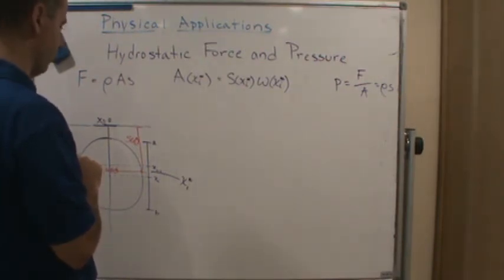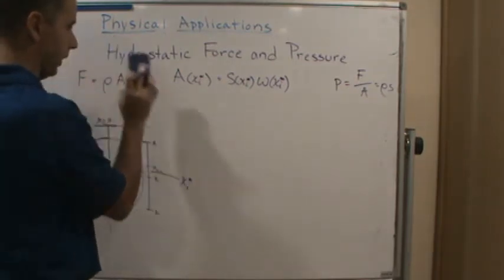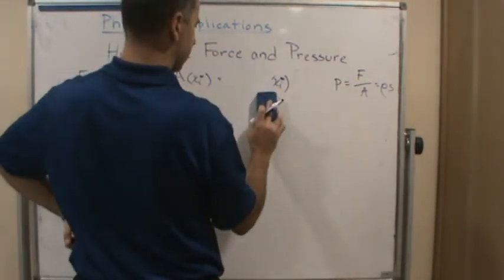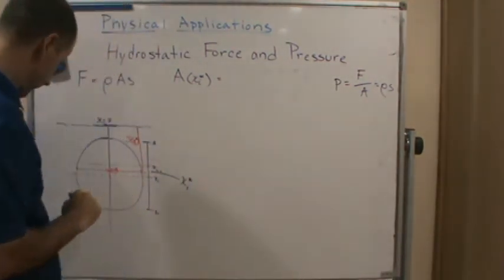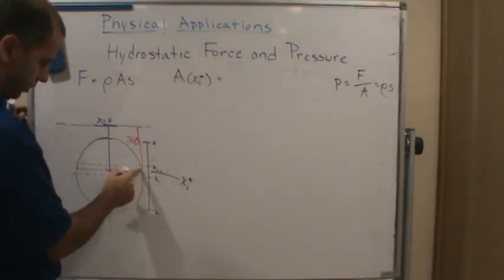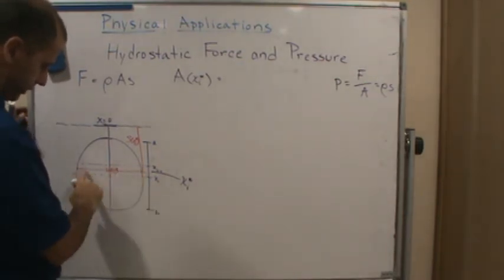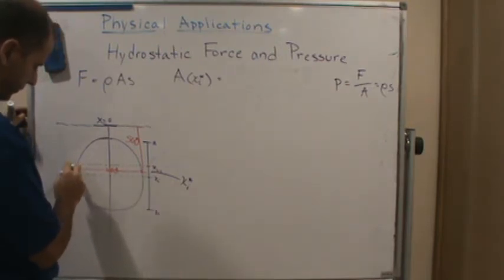Oh, hold on a second. No, I messed up. That's not right. Area, I keep forgetting. We've got this little width. If we look at this like a rectangle, it's going to be the length of the rectangle.